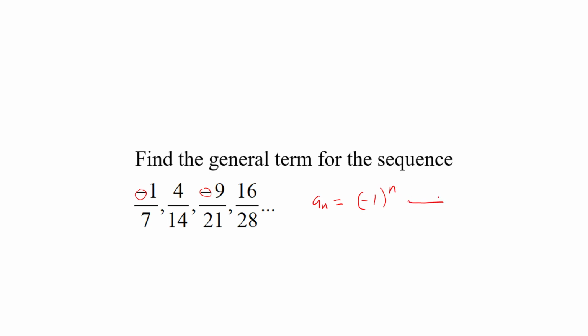Then we've got a fraction. In your numerator, you have 1, 4, 9, 16, so that would just be n squared. In your denominator, you have 7, 14, 21, 28. That would be 7n, the multiples of 7. And there you go.